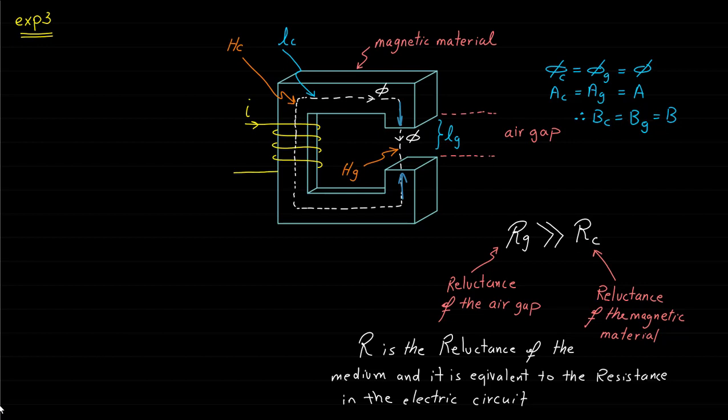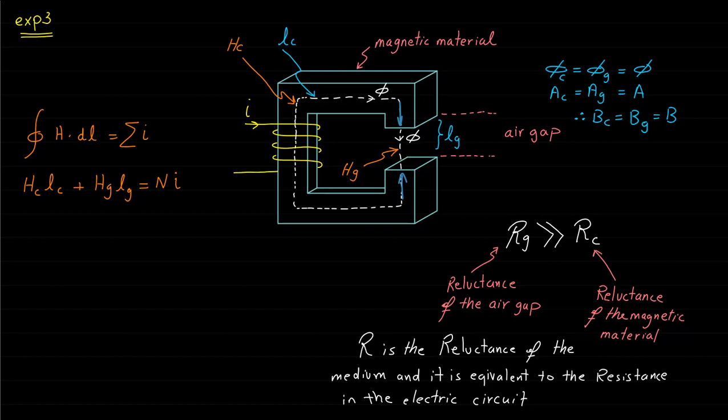Now, if the magnetic field intensity of the air is denoted by Hg and the magnetic field intensity of the magnetic material is denoted by Hc, Ampere's law can be applied to this magnetic circuit as follows. Based on this result, it is very clear that the total magnetomotive force of the magnetic circuit is equal to the sum of each medium's magnetomotive force portion within the magnetic circuit.